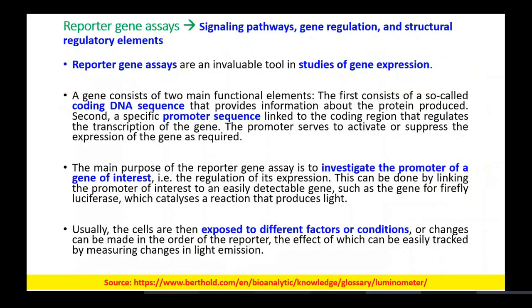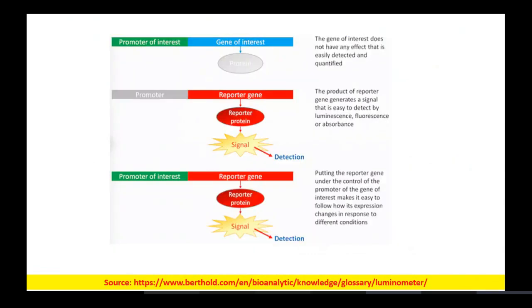Now the next is the reporter gene assay. If you see this whole slide, you will find there are a lot of things over here. However, I will go to the next slide and then come back to this slide. In a reporter gene assay, suppose there are two gene sequences.